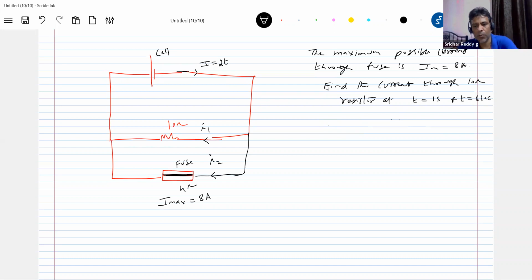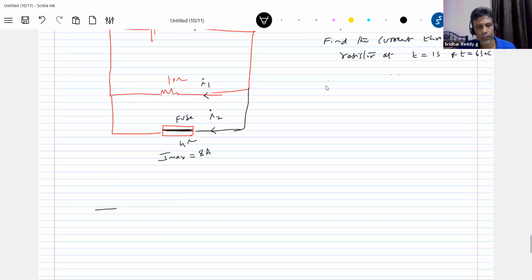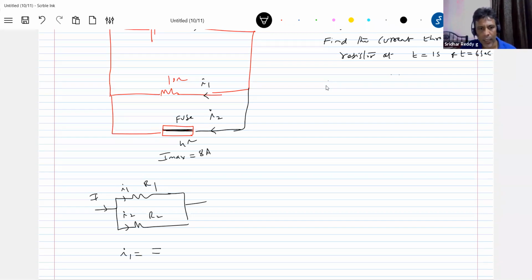If there are two resistors, R1, R2, and you know the current in the main branch, what about the current in the sub branches? The formula is I1 equal to I, the current in the main branch, into the resistance of the other branch by the sum of resistances. Similarly, the current I2 is equal to I into R1 by R1 plus R2. Like how we have the voltage divider. This is the current divider formula.